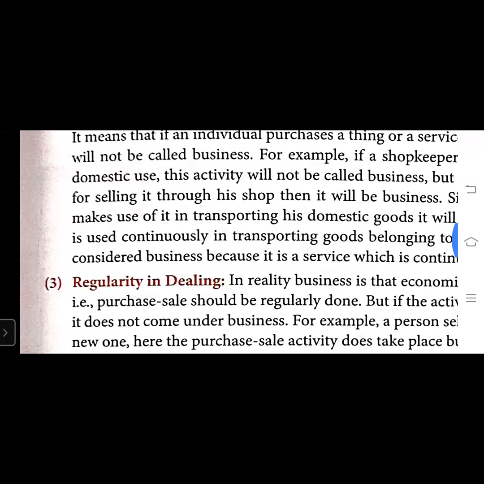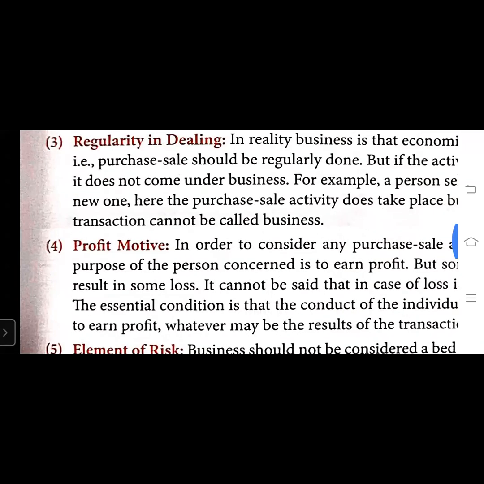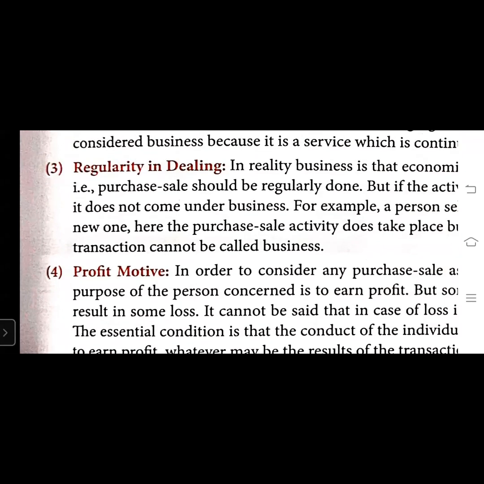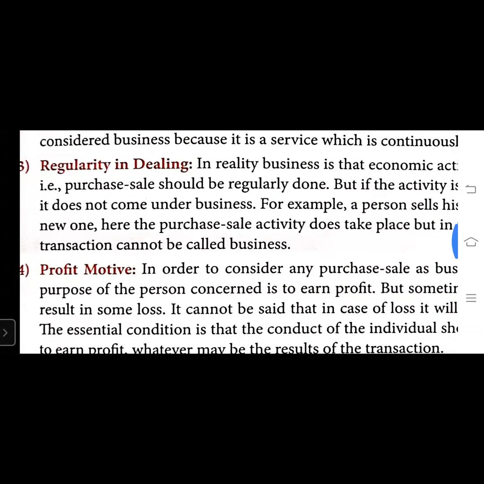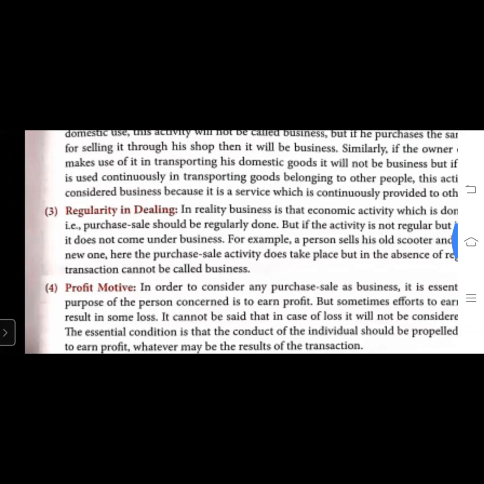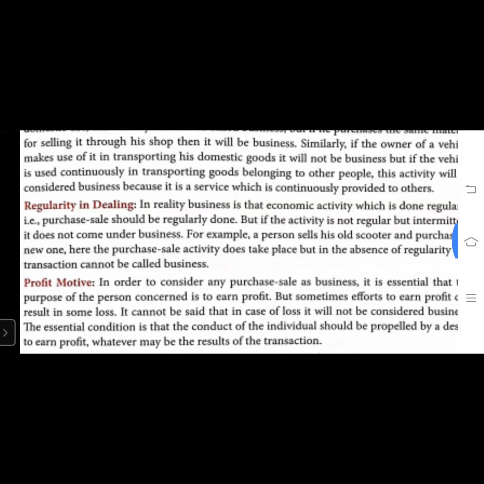And the third point is regularity in dealing. So students, regularity is a must. In reality, business means economic purchases should be done regularly. But if the activity is not on a regular basis, but intermittent, it does not come under business.